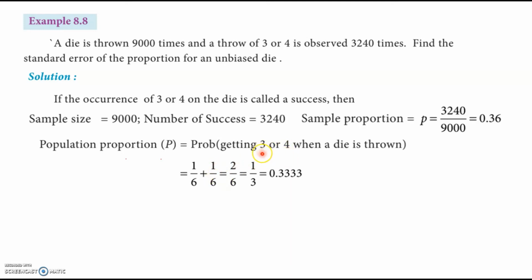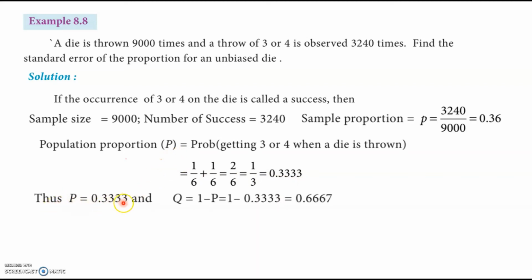Since it's a 3 or a 4, you need to add them up. So it becomes 1 by 6 plus 1 by 6, which is equal to 2 by 6, and that is equal to 1 by 3. So you have your population proportion as 0.3333.